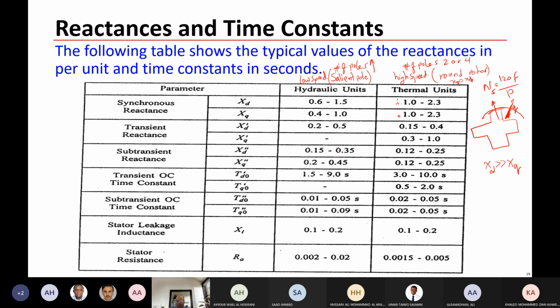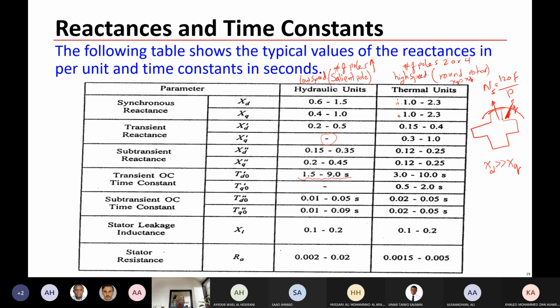XD prime, XQ prime, you can see here XQ prime is almost 0. XD double prime, XQ double prime, as you can see here. Transient time constants: you can see the time response of the field winding. This is the time constant, about 9 seconds.